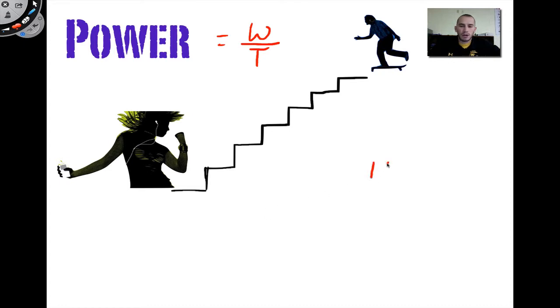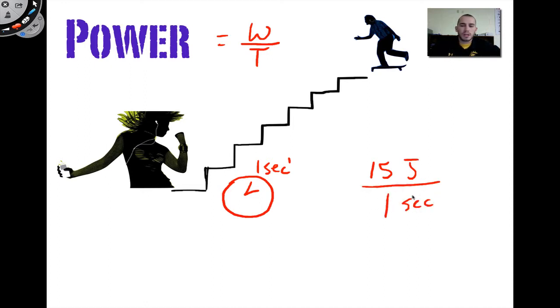So if we had our 15 joules, and let's say it took 1 second to get up those steps, so you sprinted up and it only took you a second, we did 15 joules of work in 1 second. How much power would we be using? It would come to about 15 watts of power.